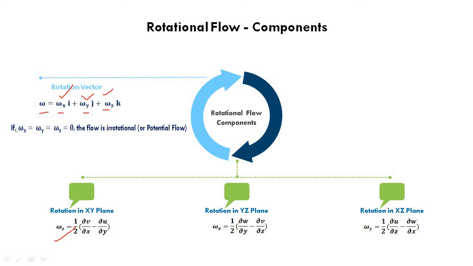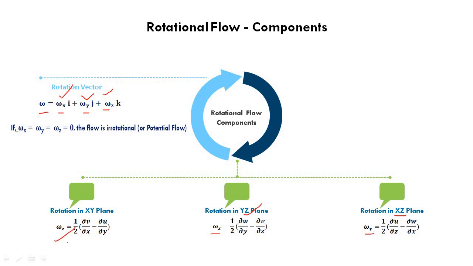So if the rotation is in the xy plane, definitely we have the component of rotation along the z axis. Similarly, if rotation is in the yz plane, that is shown here, then the component of the rotation vector is along the x-axis, shown as omega x. Similarly, if rotation is in the xz plane, the rotation vector is along the y-axis, represented as omega y. Then how do we represent mathematically omega x, omega y, and omega z?